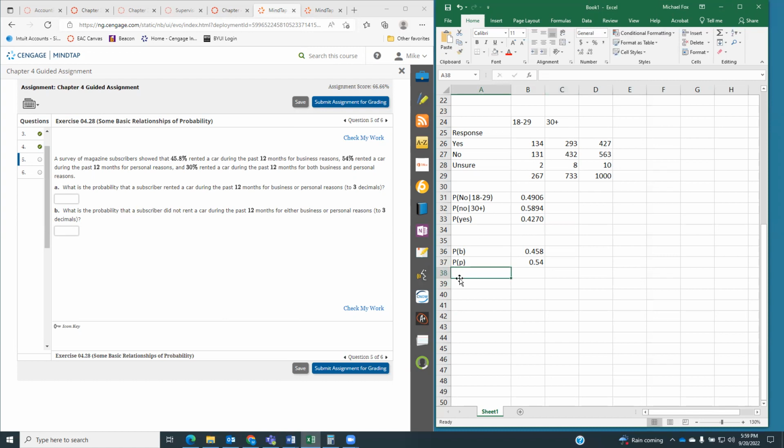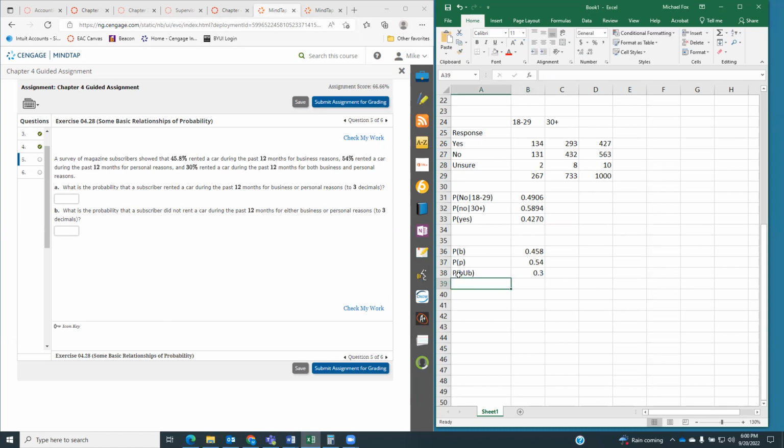And then the probability of the intersection of B and P, in the textbook it looks like a big symbol, which I don't have on my keyboard, is 0.3.